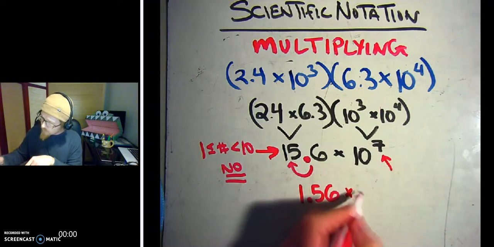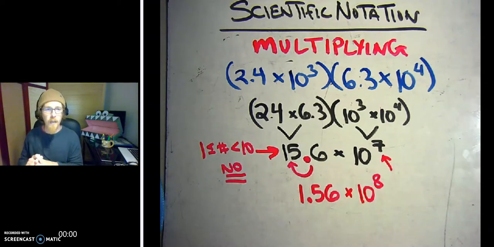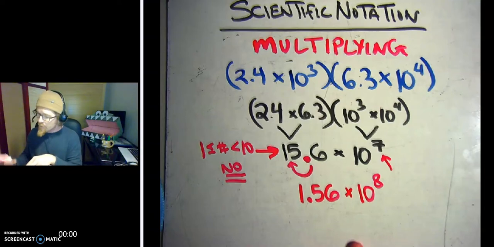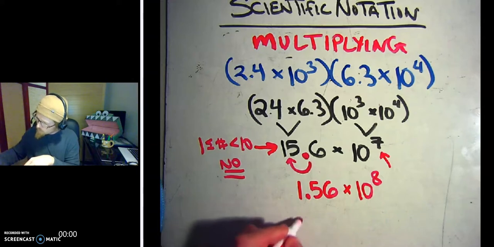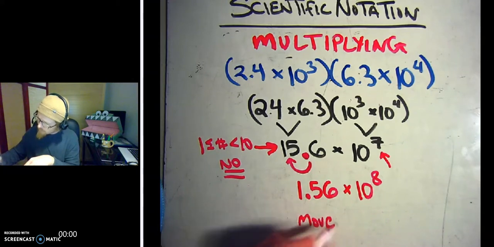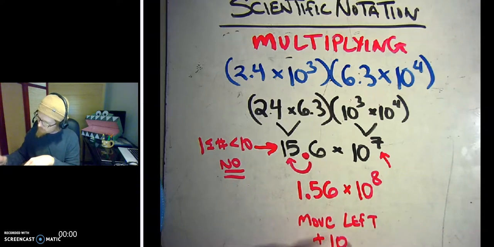And so I'm going to say that it has to be one more jump to the right. So I had to add a power of 10 when I moved my decimal to the left. So we'll make a note of that: when you have to move the decimal left to get your answer, you have to add a power of 10.